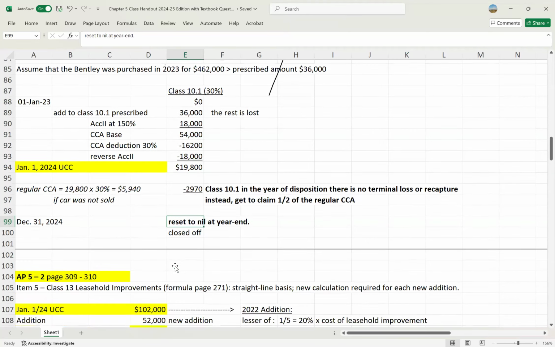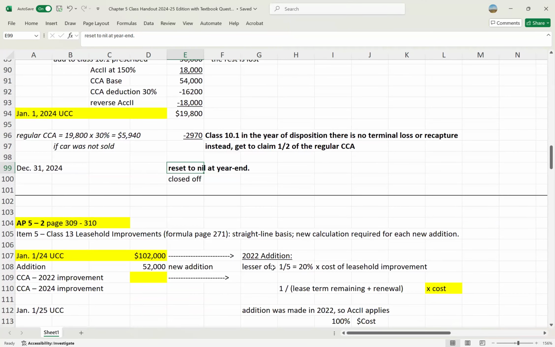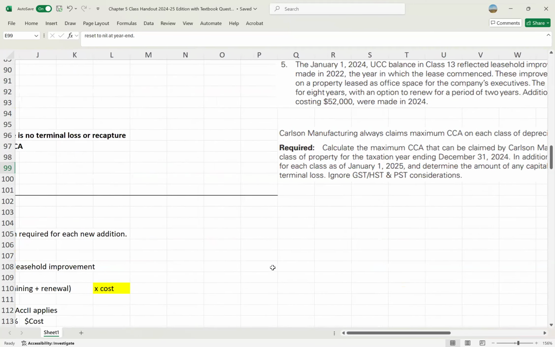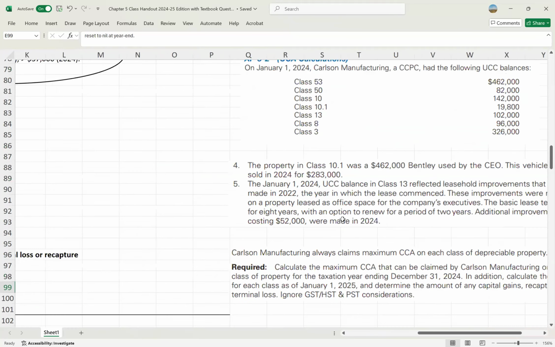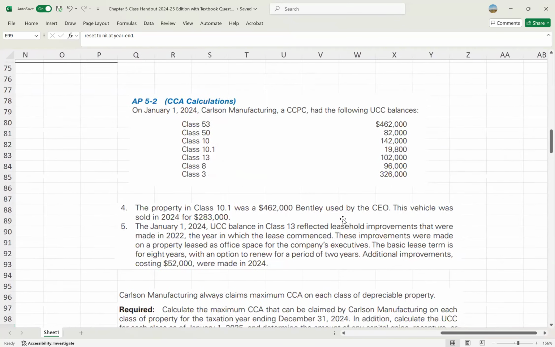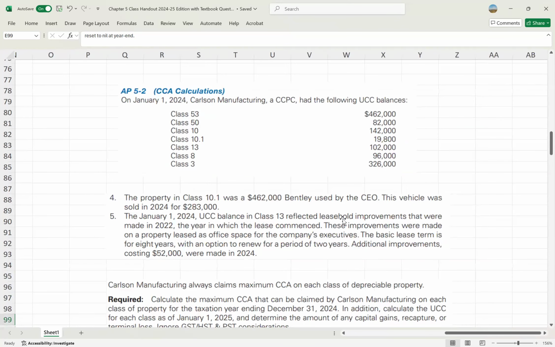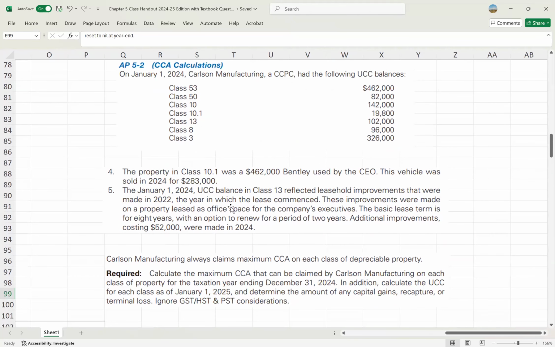We're going to stay with assignment problem 5.2, but now we're going to look at class 13. So class 13, if we look here, the balance at the beginning of the year is 102,000. We look at item number 5 here.